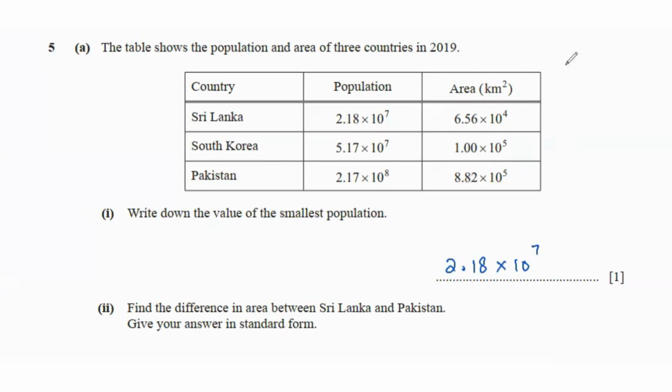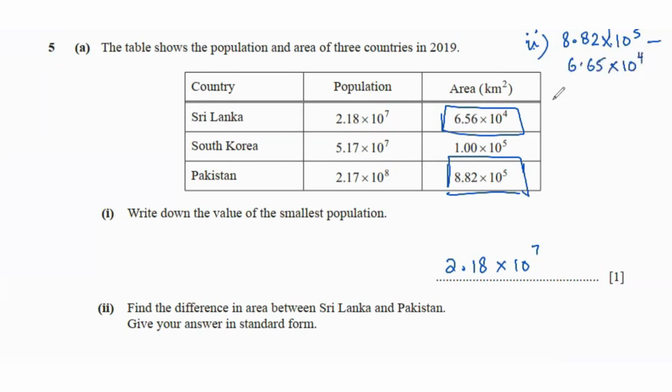So that's going to be, we're going to focus on this value and this value. So 8.82 times 10 to the power of 5 minus 6.65 times 10 to the power of 4.